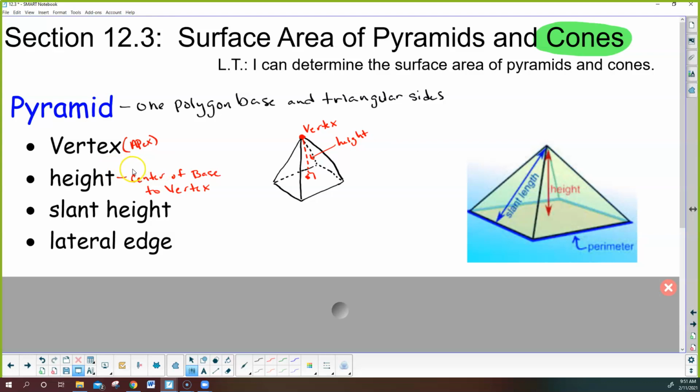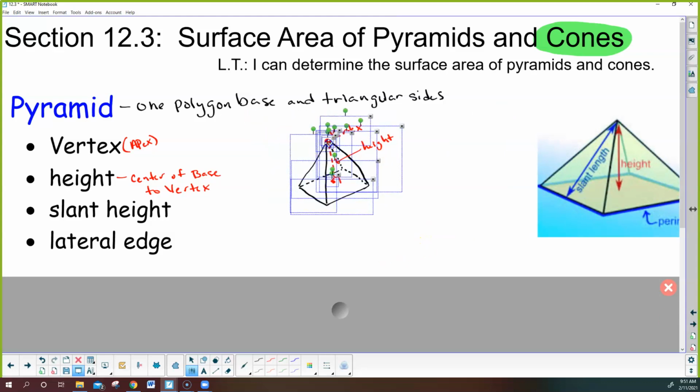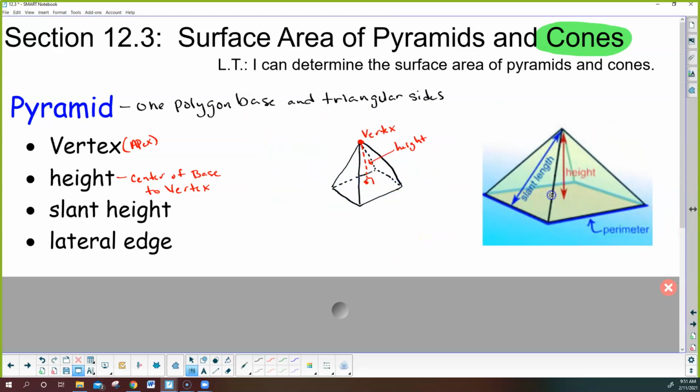And that might be something worthy to note here. Okay. The height is not present in the net.